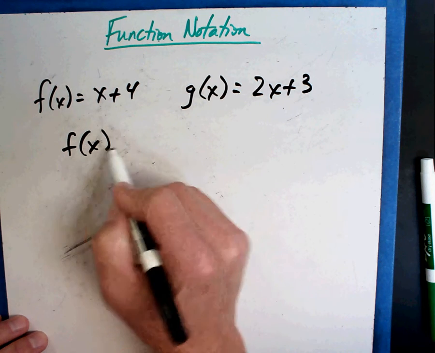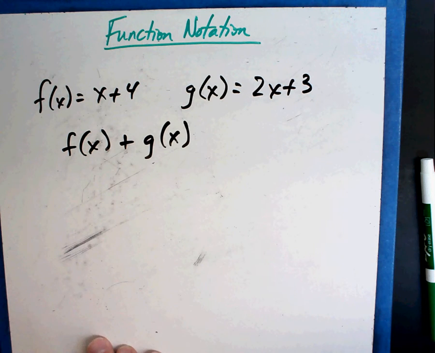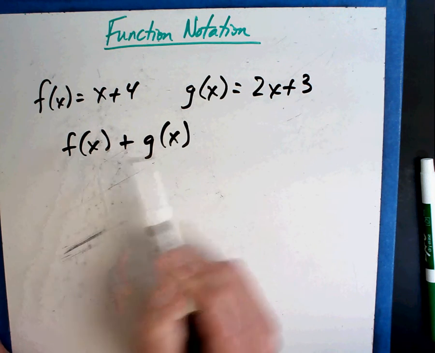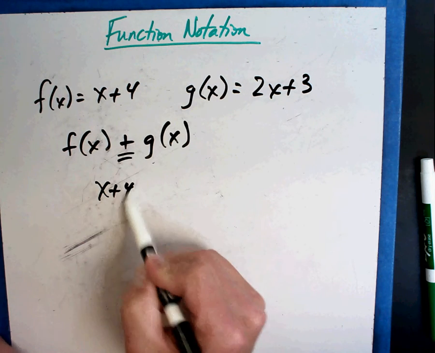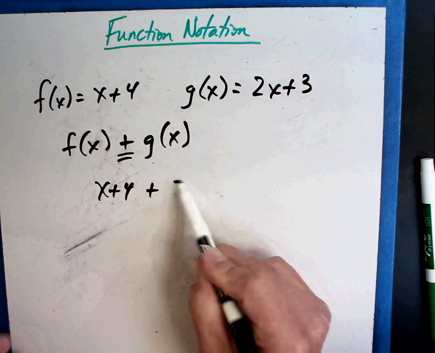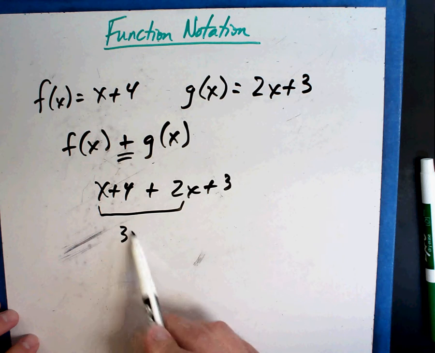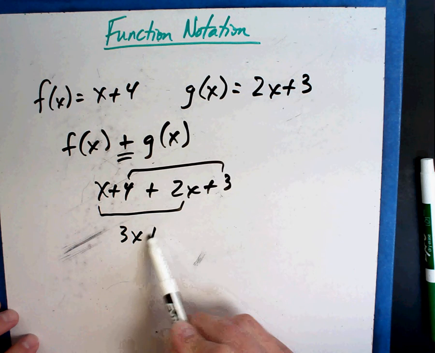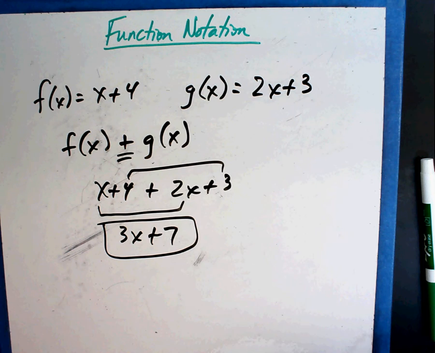F of x plus g of x. Well, you're not substituting, they're still x's, but it's telling you to add them. So you would take x plus 4, which is f of x, and you're going to add 2x plus 3. Those two look alike, so that's 3x. These two look alike. There's my answer. Again, it's manipulating formulas and putting things in places.